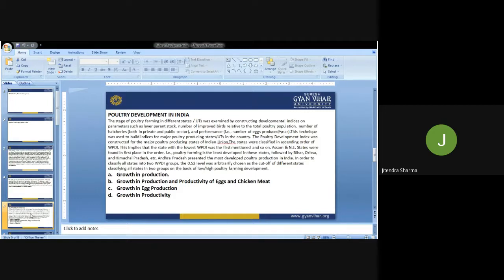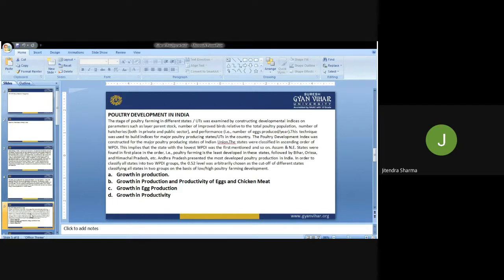The technique was used to build indices for major poultry producing states and UTs in the country. The Poultry Development Index was constructed for major poultry producing states in the Indian Union. The states were classified in ascending order. This implies the state with the lowest poultry development index was mentioned first, and so on.